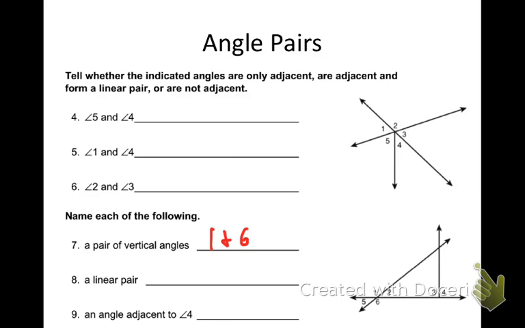What's the other pair of vertical angles, Joe? Guys, 3 and 4 is not a vertical pair. 2 and 5? Yes. 2 and 5 are vertical, because those are across from each other.